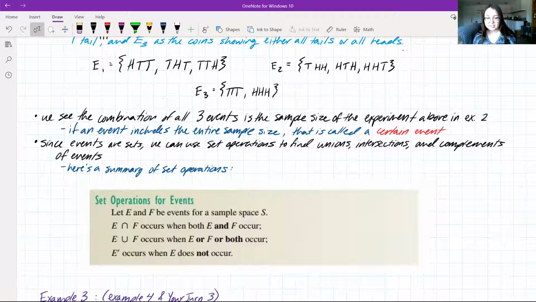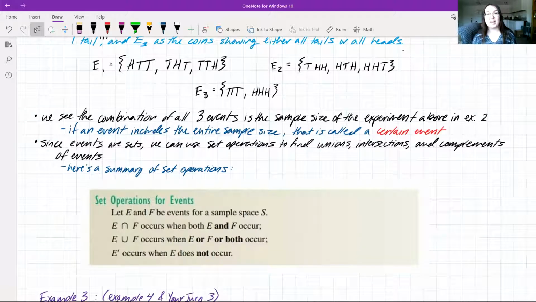Since events are sets, we can use set operations to find unions, intersections, and complements of events. So going back to a certain event, that would be if your event was the exact same thing as your sample size. That would mean we are absolutely certain that this event is going to happen because these are the only possible outcomes.